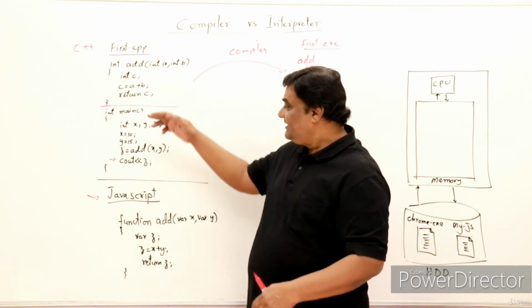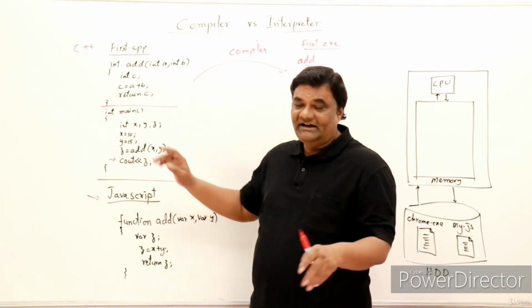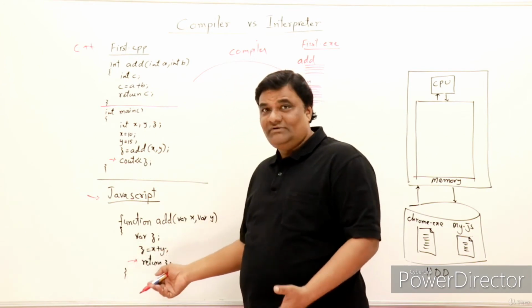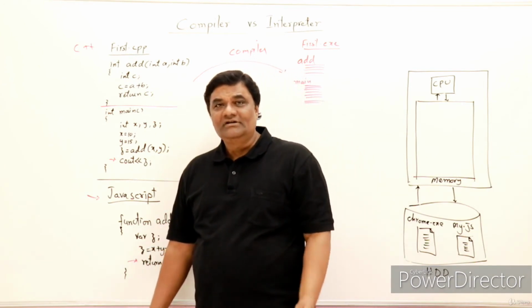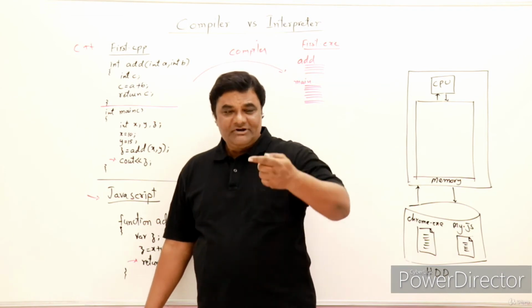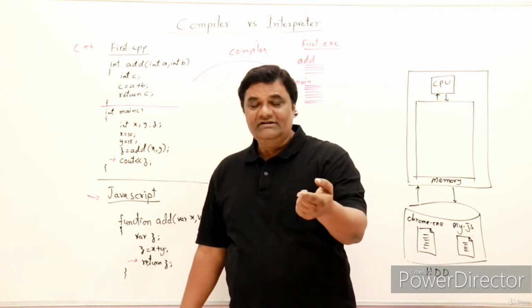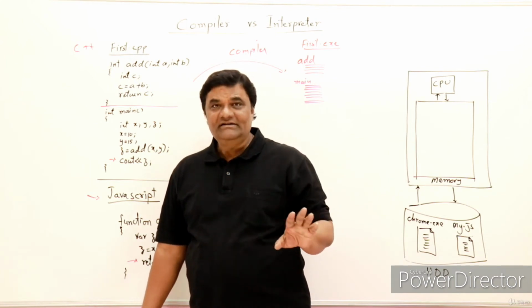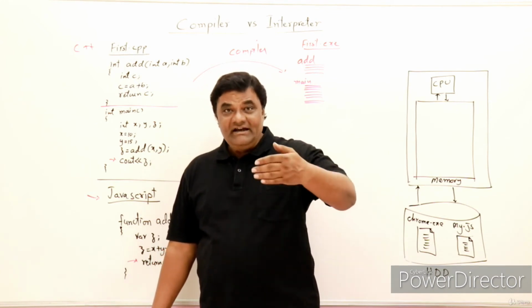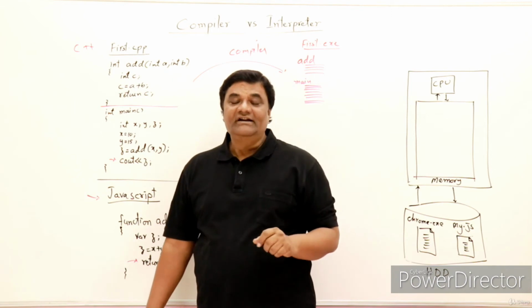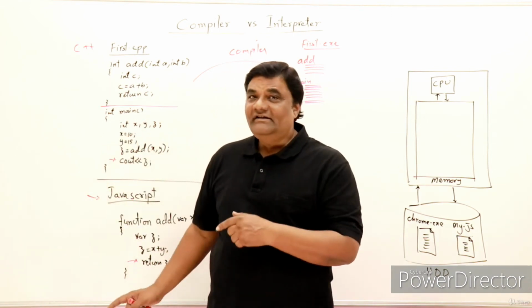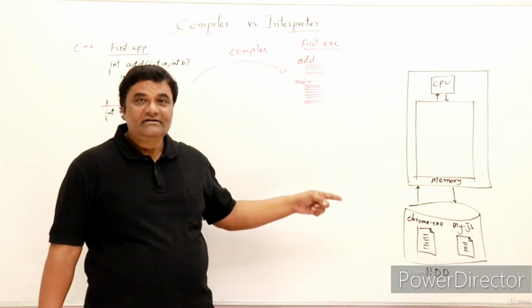Then here, if there is any error in some line, then the first two lines will definitely execute. Interpreter will not stop because it is converting and executing, converting, executing. If there is any error at any point, then it will stop. So till there it will execute. Compiled program runs independently. Interpreted program runs inside the interpreter.